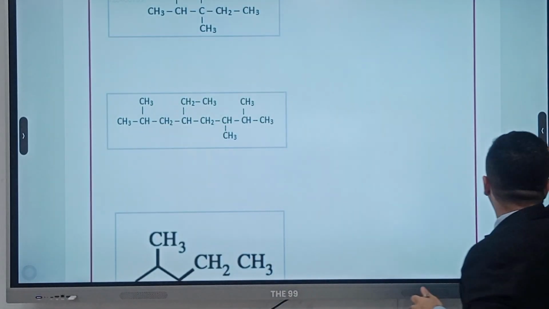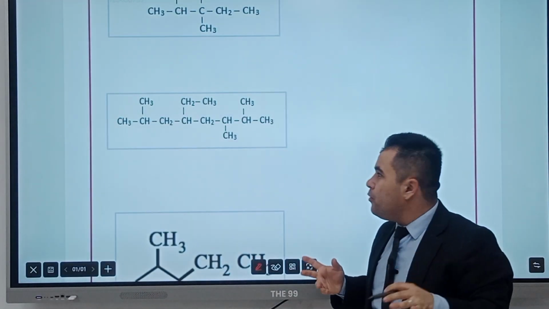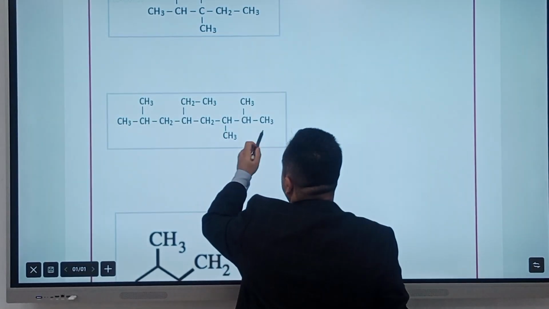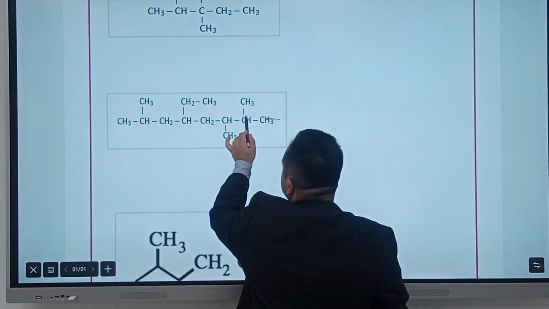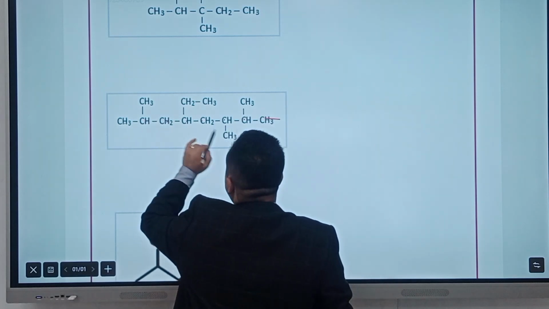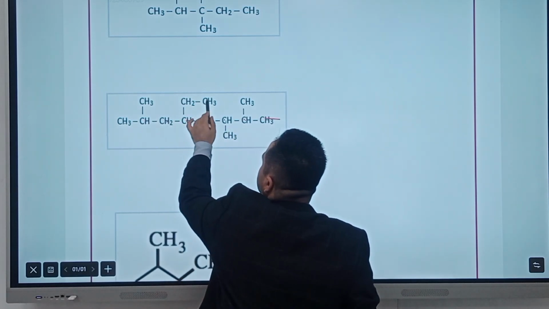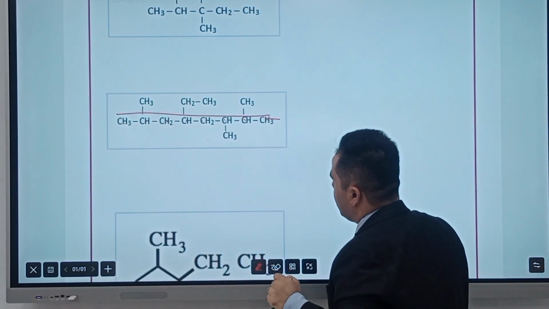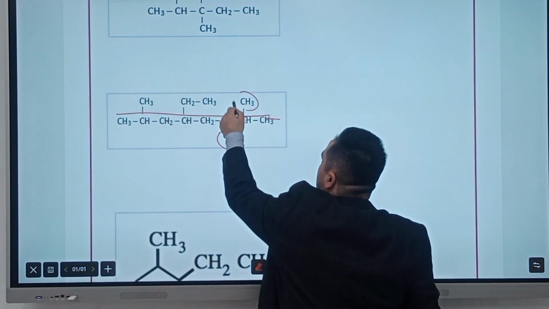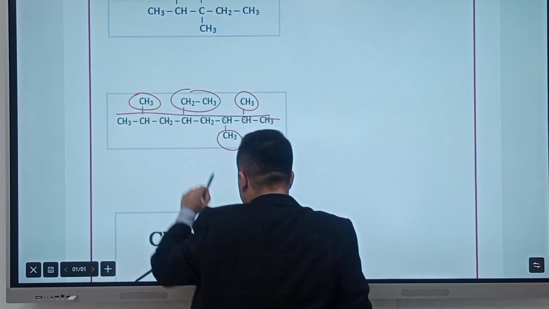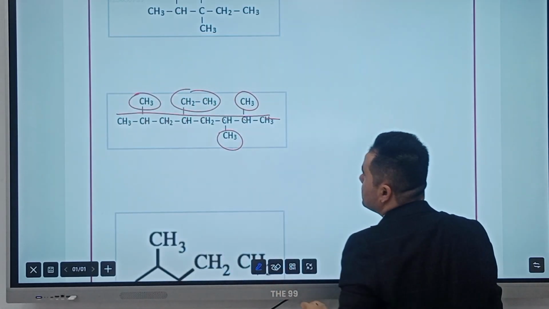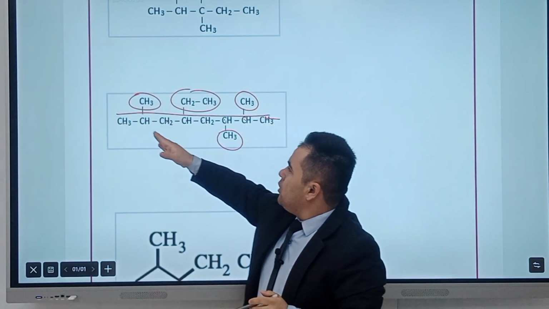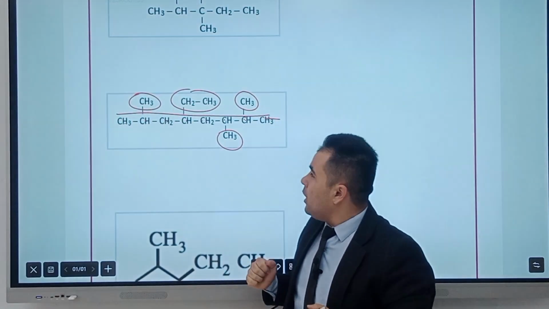Let us name this structure. As we solve more examples, you will see more options and more solving. 1, 2, 3, 4, 5, 6, 7, 8. 1, 2, 3, 4, 5, 6, 7 is not. So the 8 is the longest continuous chain. These are the alkyl groups. From this end, the second is a branch. From that end, the second is a branch.